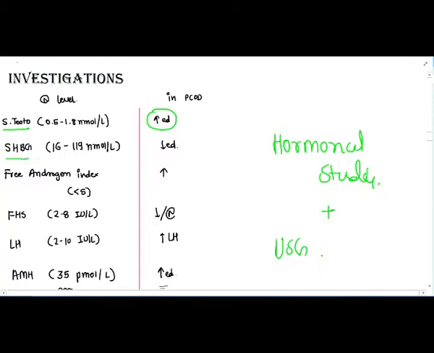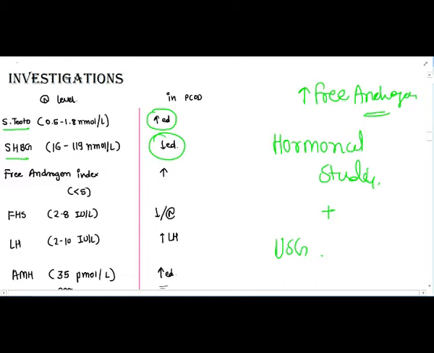Serum androgen binding proteins, meaning androgen binding globulins, will be decreased, which means there is increased free androgen available to act on skin and cause all these symptoms of hyperandrogenemia.